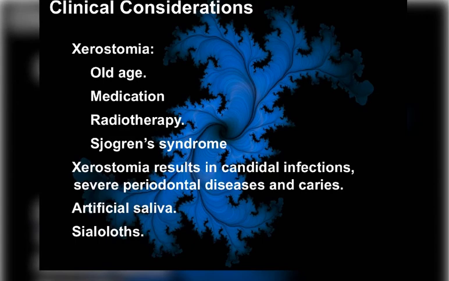There is a syndrome called Sjogren syndrome, and this syndrome is associated with damage to the salivary glands, also damage to the lacrimal glands as well. So they have dry eyes and a dry mouth.